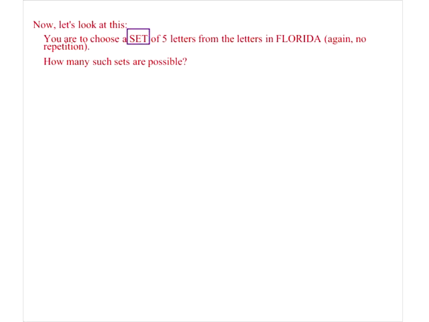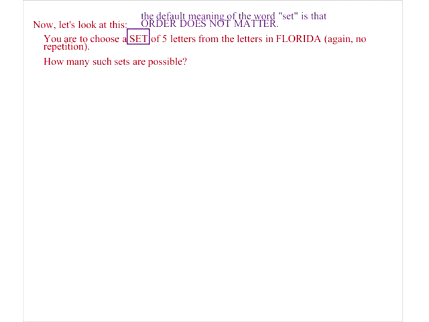Now, it's the order. One thing they do expect you to know on the GMAT is that when they use the word set, the default meaning is that order does not matter. This is actually something you are expected to know.